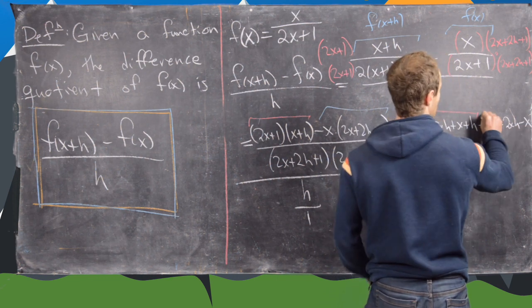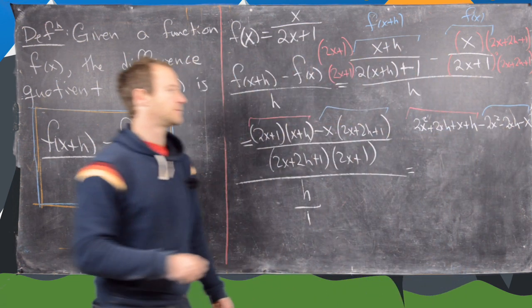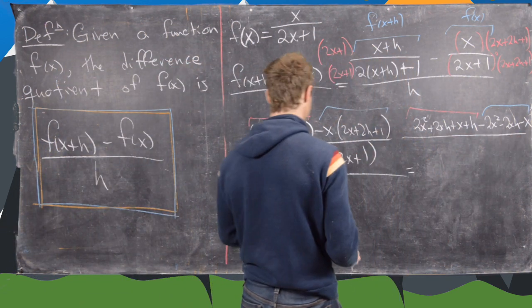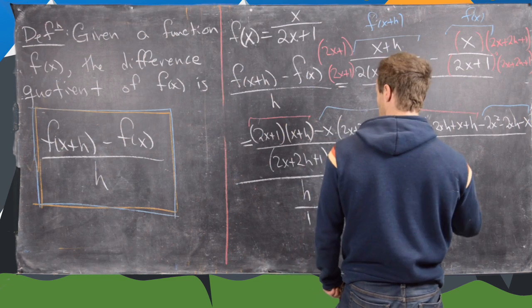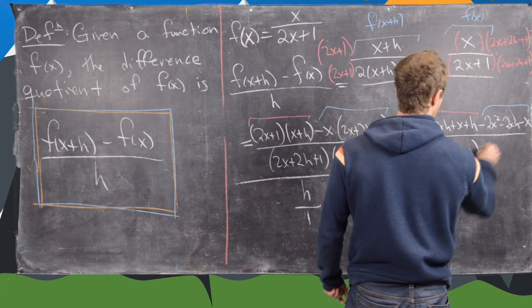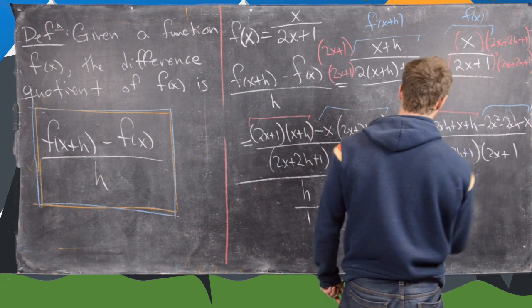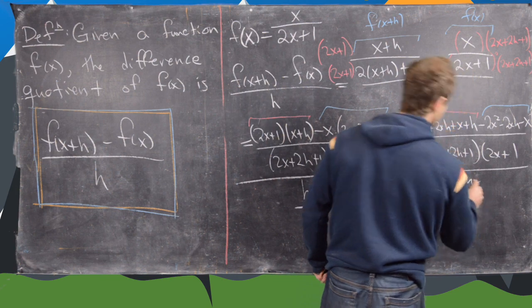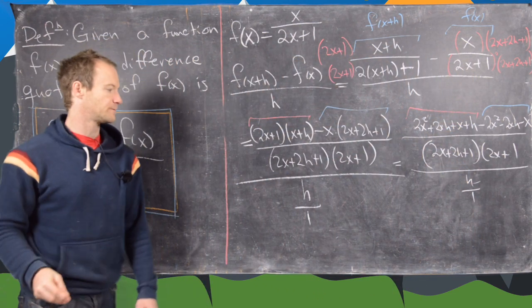So again, that's that term. Okay? And now all of that is over 2x plus 2h plus 1 times 2x plus 1, and then likewise, all of that is over h over 1.